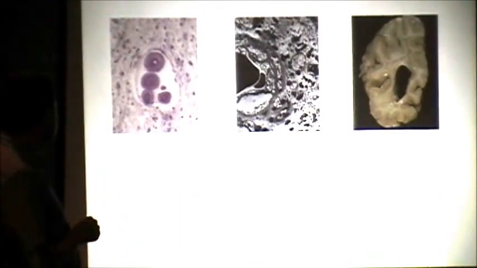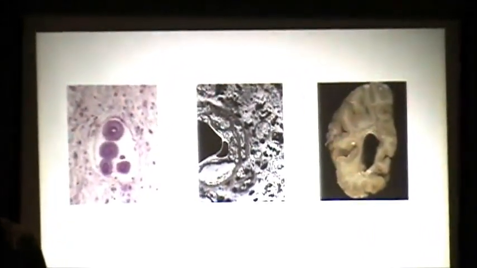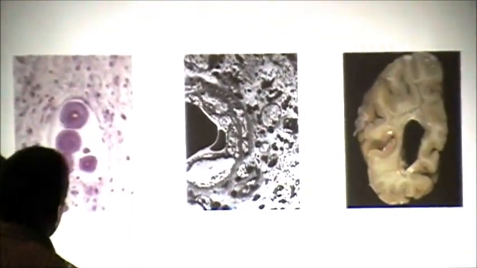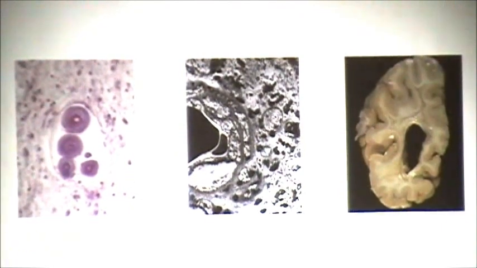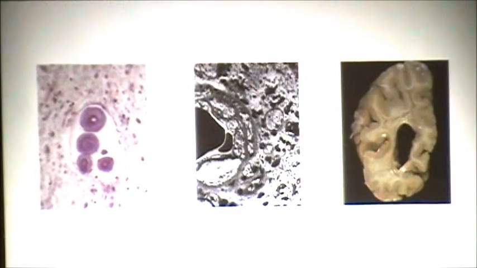Now, I'm going to start handing out candy here for people. So what do you see here, here, and there? You can show me what that is. It's a test. What was that? The pictures of the lesions.